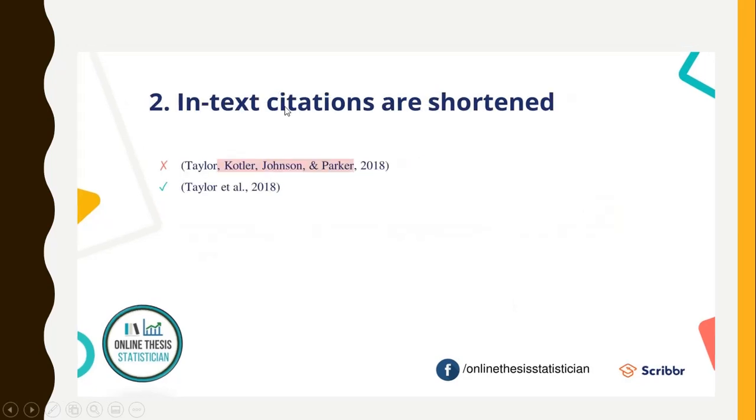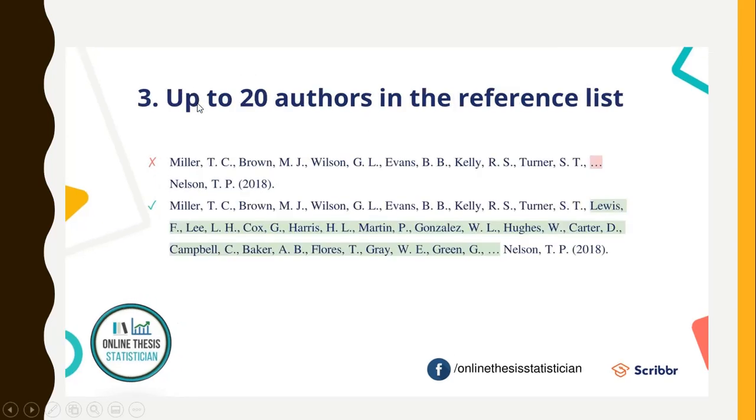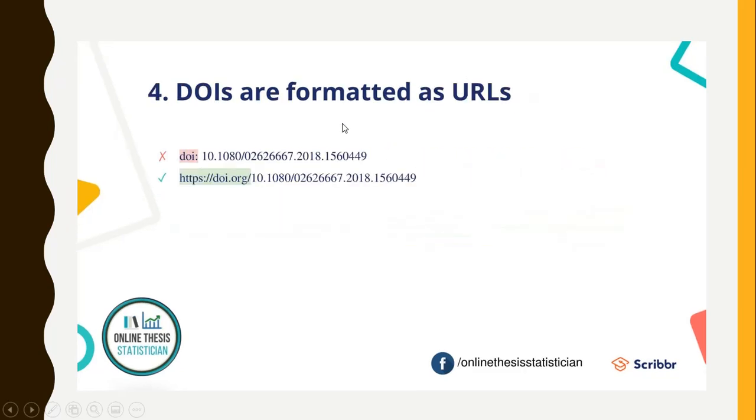And since we have a very short in-text citation for 3 or more people, our references list can accommodate up to 20 authors. Okay, so it's okay to cite as many authors in the references list. DOIs are formatted as URLs.